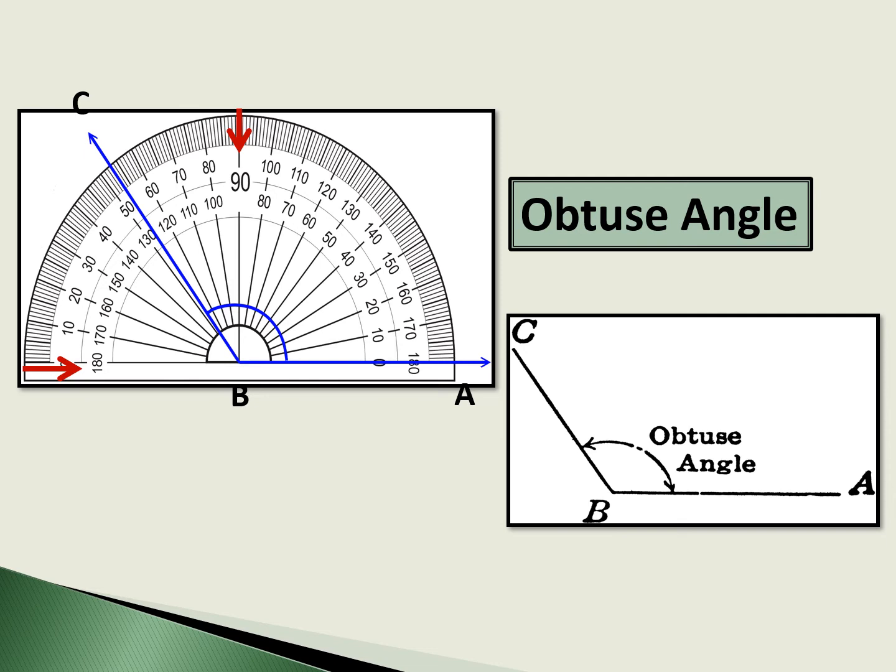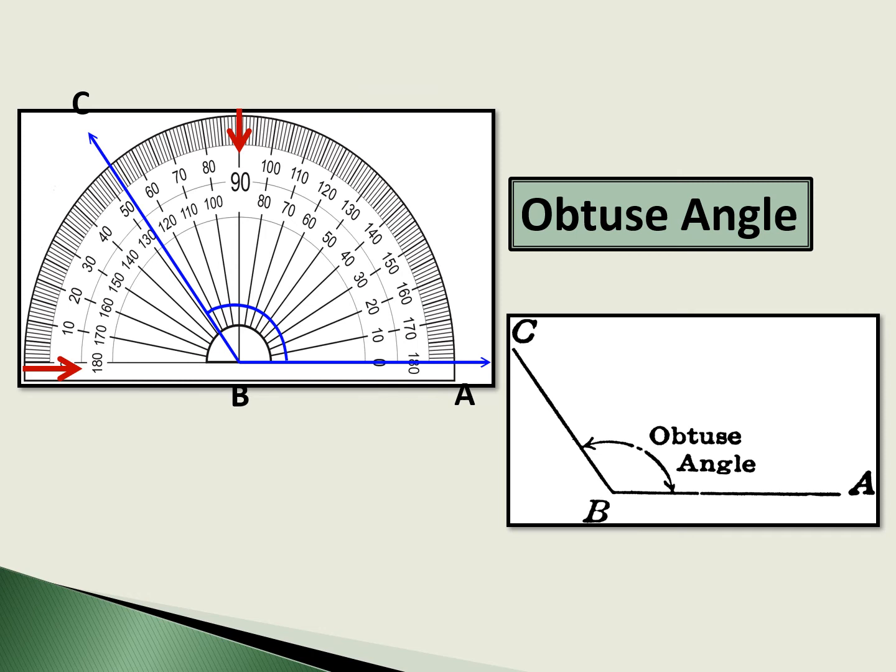Obtuse angle. In angle CBA, the baseline arm BA of the angle points to 0 degrees of the inner scale. So we use the inner scale to measure the angle CBA. The second arm of the angle, that is BC, crosses the inner scale at 127 degrees.